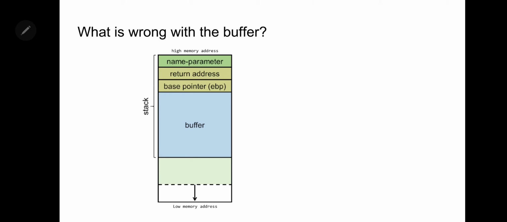Here, this is the low memory address, and this is the high memory address. We have the buffer, the base pointer, which is EBP, and finally the return address.